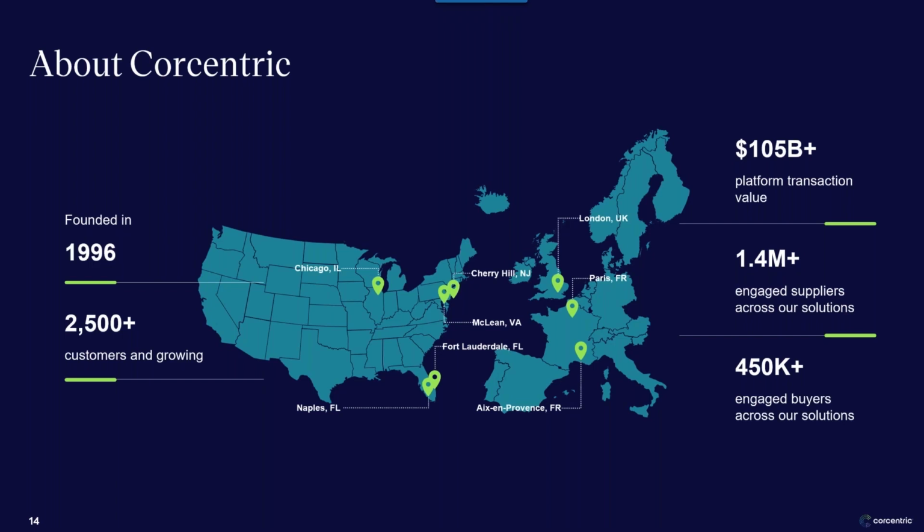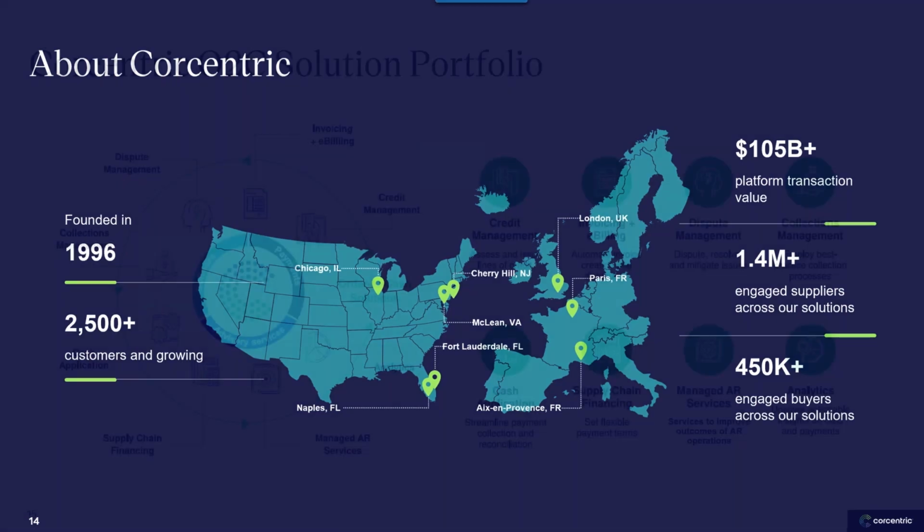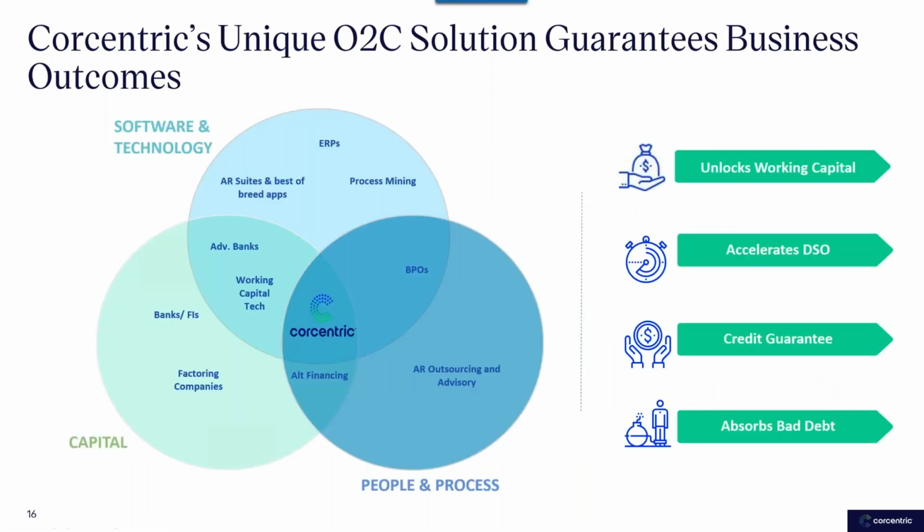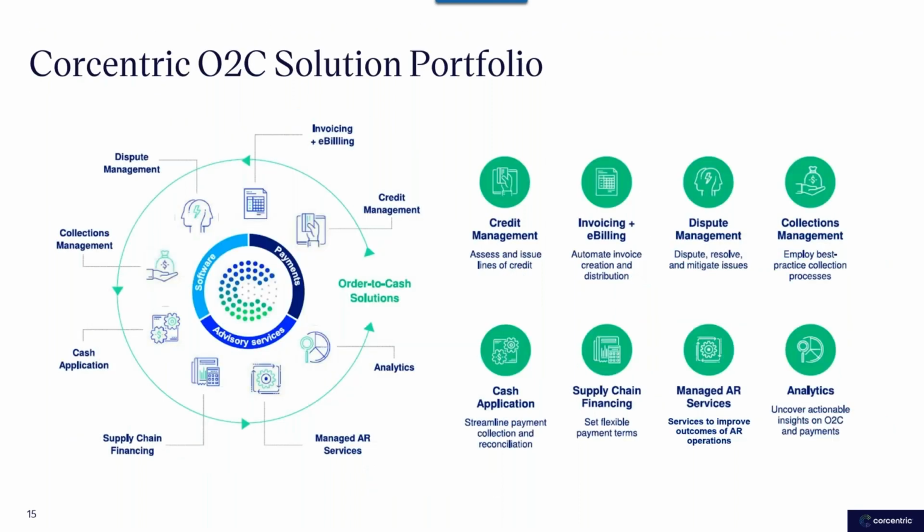And talking about what we do specifically on the order to cash side, our portfolio of solutions goes across everything from credit management to invoice distribution, through to getting inbound payments, and if things go into disputes, dispute management, collection management. We also do trade financing.